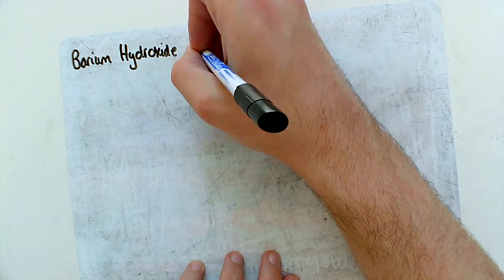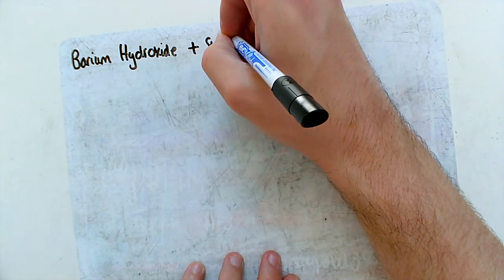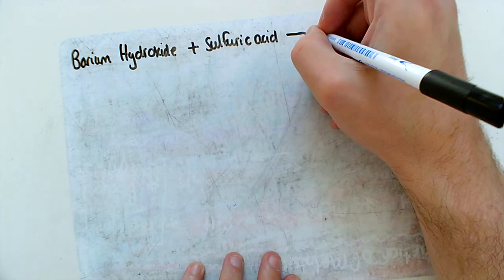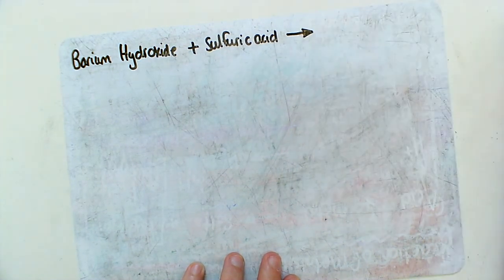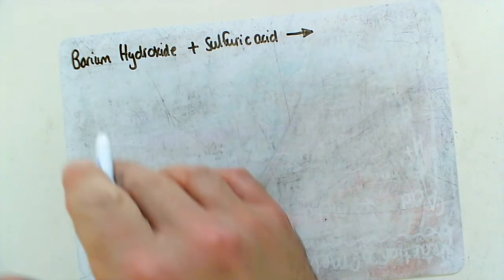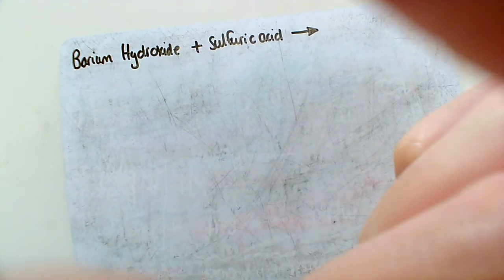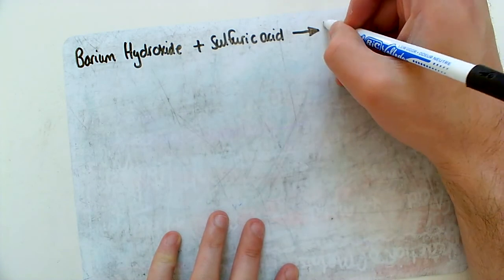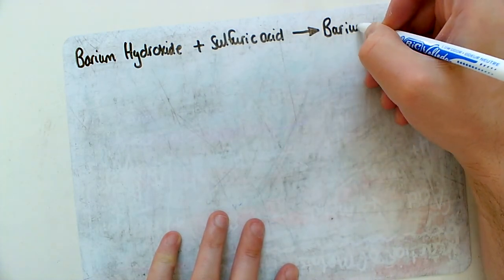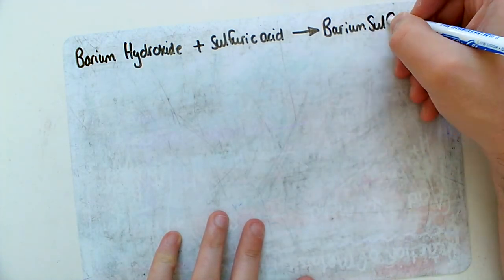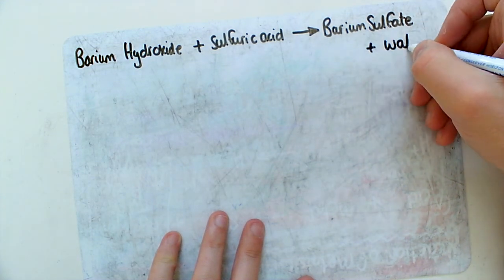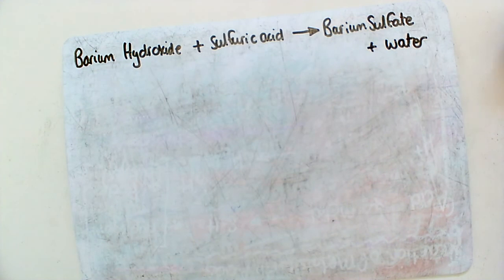And I'm going to react it with sulfuric acid. Now the name of the salt that's produced is going to have barium, the metal from here, and then it's going to have sulfate from here. So barium sulfate plus water.